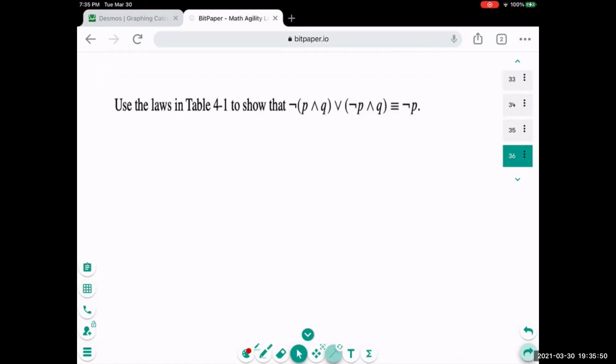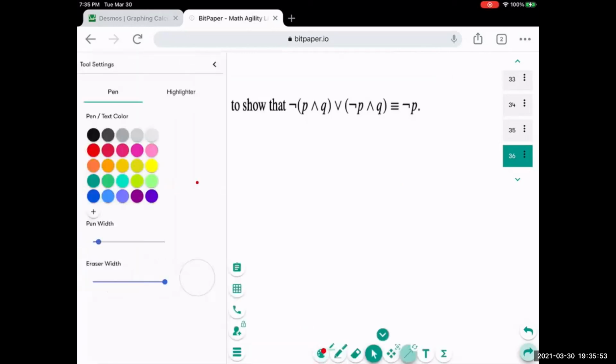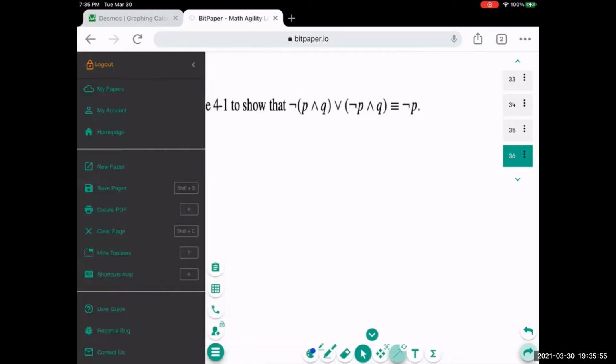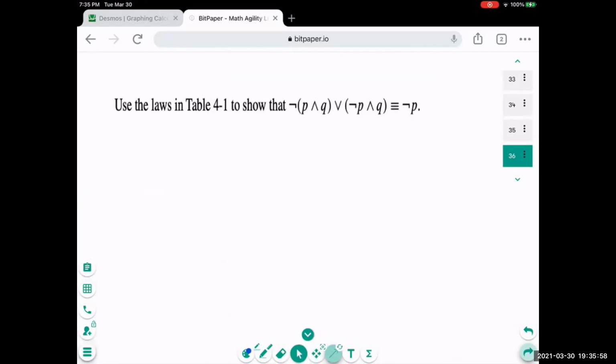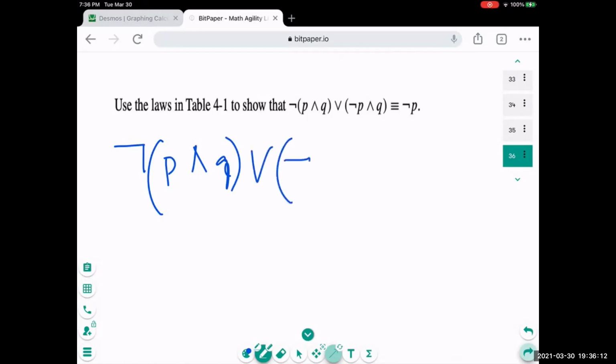So yung statement natin, okay, let me change yung color ng ink. So negation of P conjunction ng Q, and then disjunction ng negation of P, and then conjunction ng Q. So una, pwede nating gamitin yung De Morgan's Law, yung last.